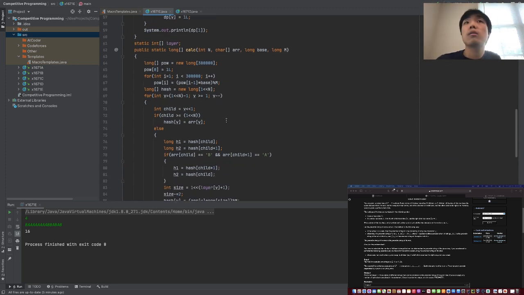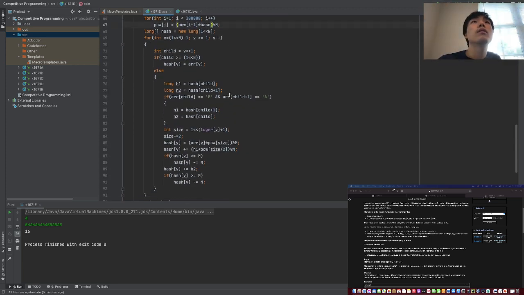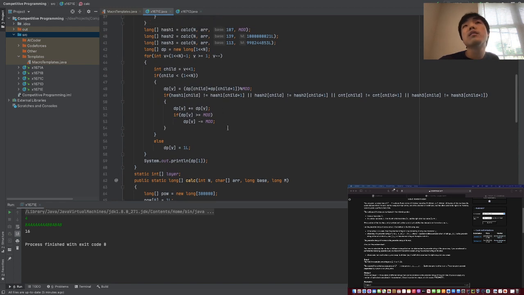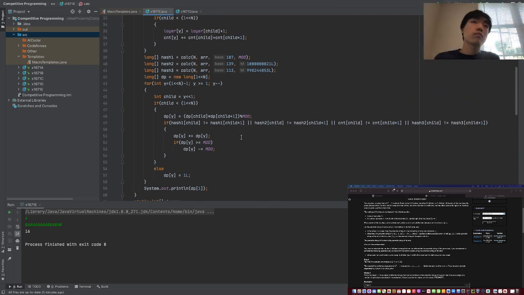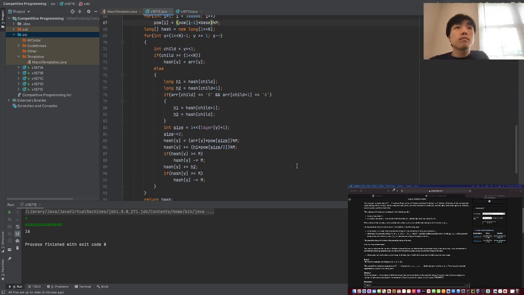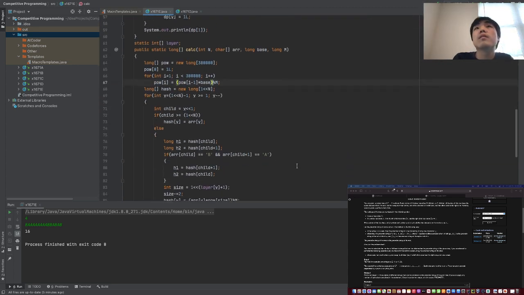Let me make sure I'm doing the actual hashing properly. Okay, so everything is mod m in here, right? Yeah.